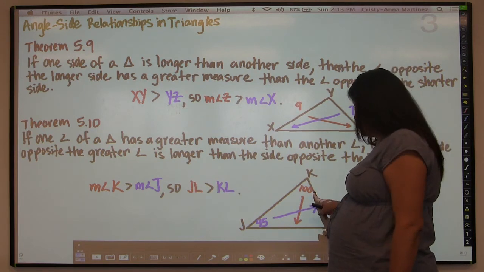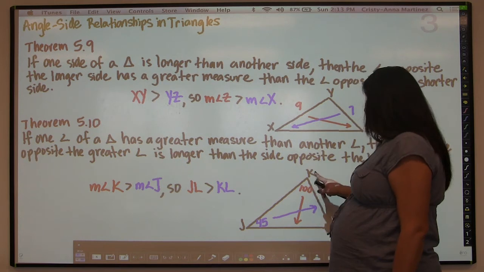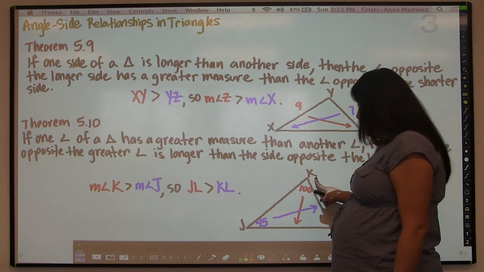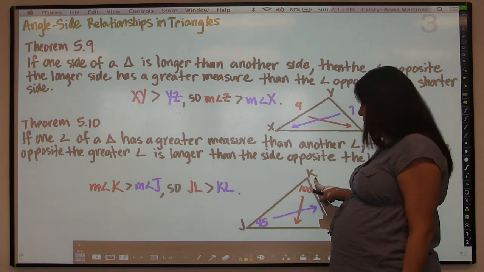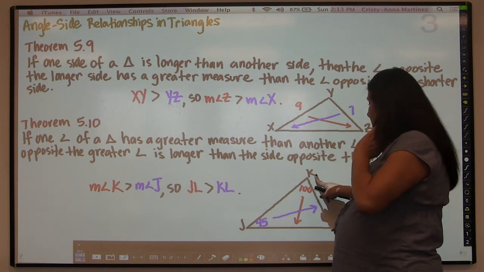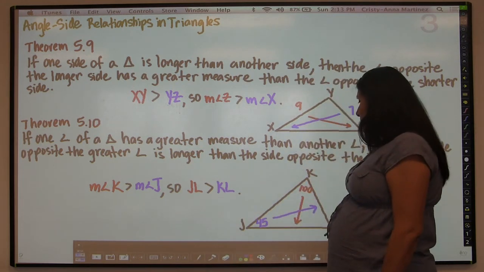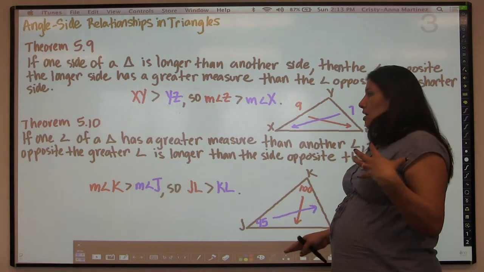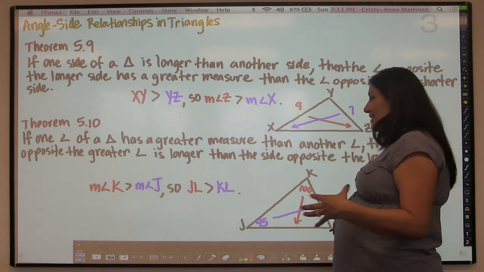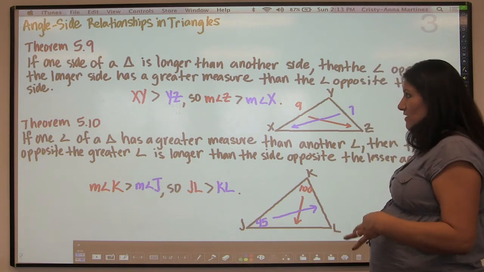Obviously, 100 is bigger, so angle K is bigger than angle J. So then the side that is opposite the bigger angle is going to be longer than the side opposite the smaller angle. So the side opposite K is JL, so JL is bigger than the side that's opposite J, which is KL. Okay, so again, basically the longest side is going to be opposite the largest angle and vice versa.